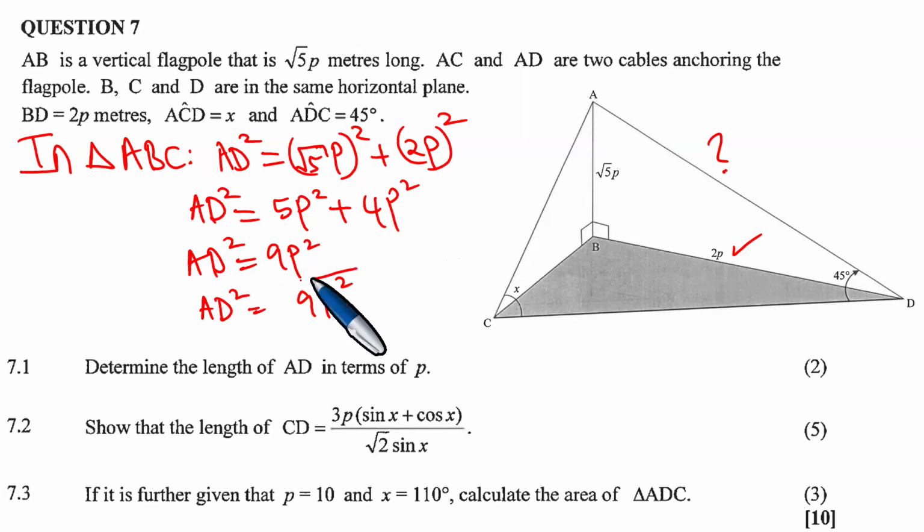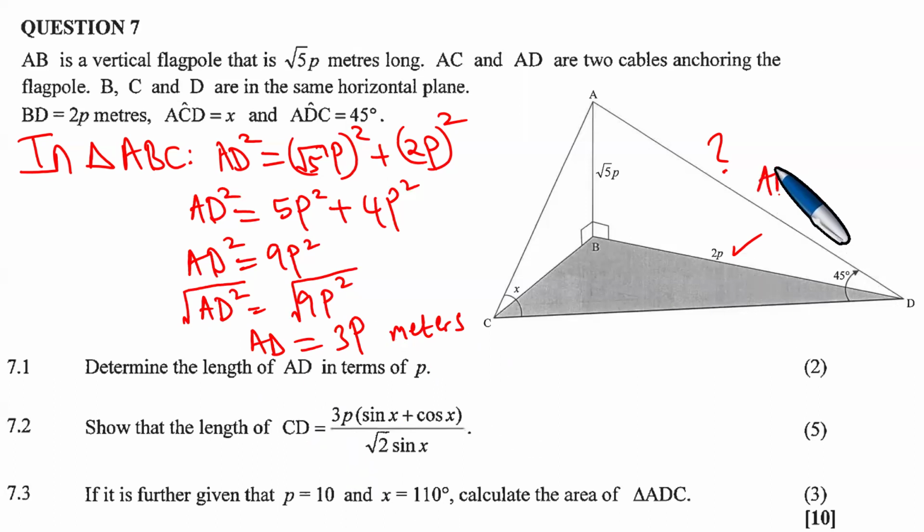You apply the square root on both sides, so in the end AD equals the square root of 9, which is 3p meters. So we have been able to find the length of AD in terms of P. AD is 3p meters.